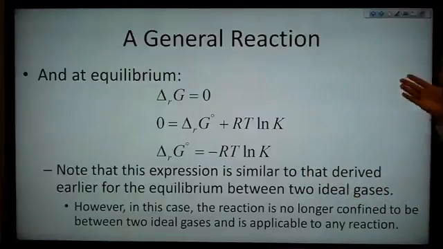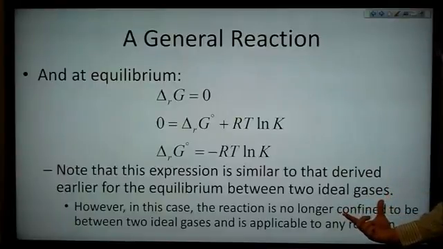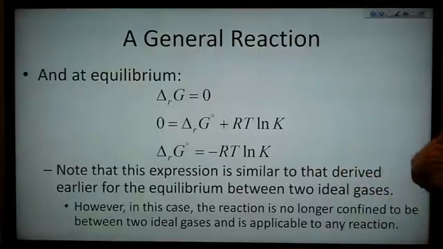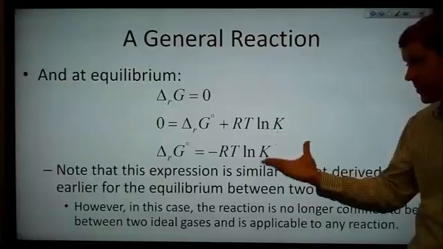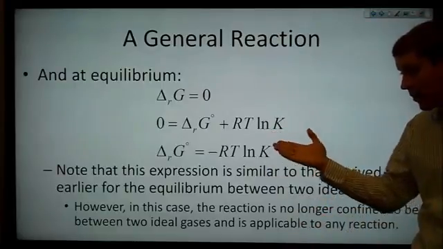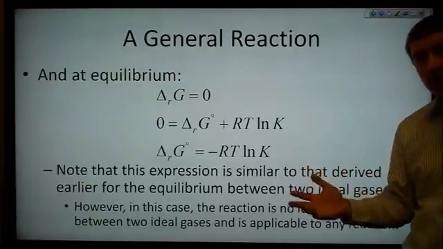So note that this is similar to that derived earlier for our equilibrium between two ideal gases. But in this case, now our reaction is no longer confined to two ideal gases. It applies to any reaction, right? So we've basically derived the same thing as earlier, except now this equation applies to a generic reaction.